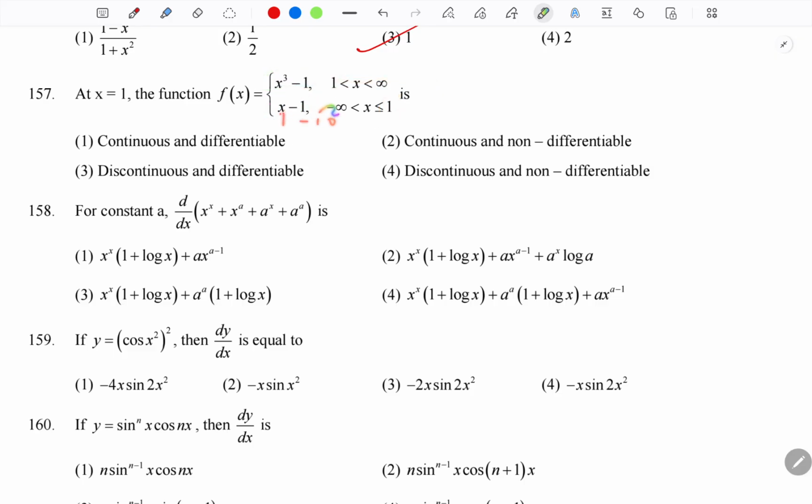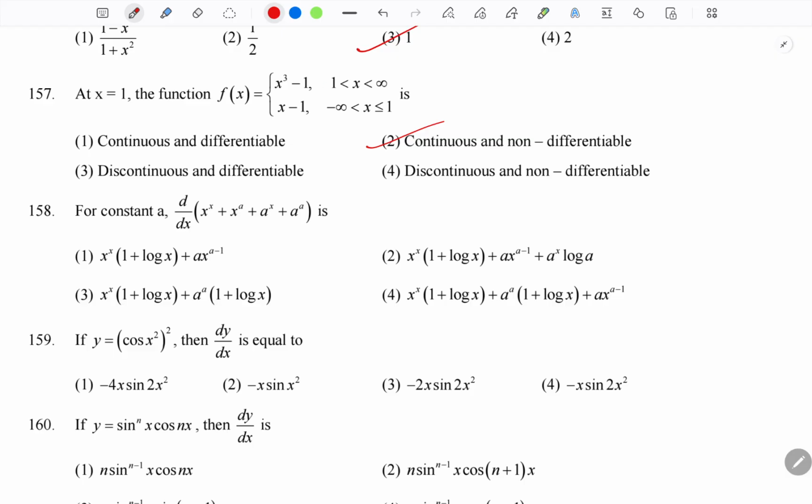Here also 1 minus 1, so yes, this function is continuous. Wrong. Next is differentiable: x cube minus 1 gives 3x square, at x equal to 1, it is 3. What about this side? x minus 1 gives 1. 3 is not equal to 1, so it is not differentiable. Continuous, yes; differentiable, no. So option 2 is correct. Option 2 is correct. Understood my point?